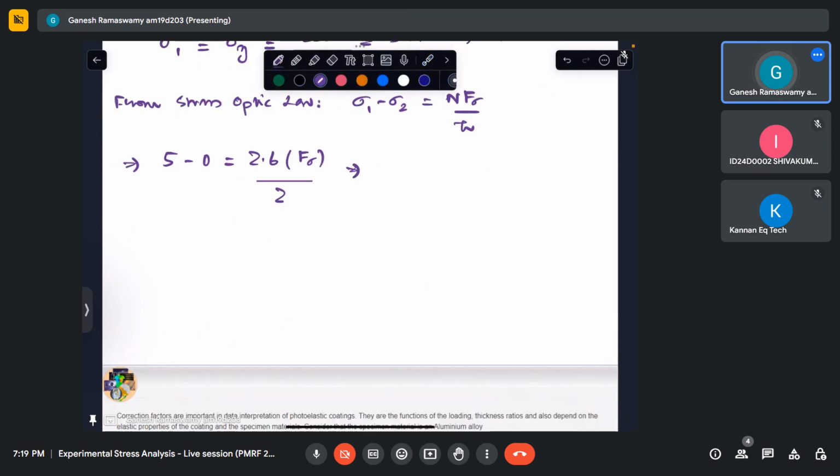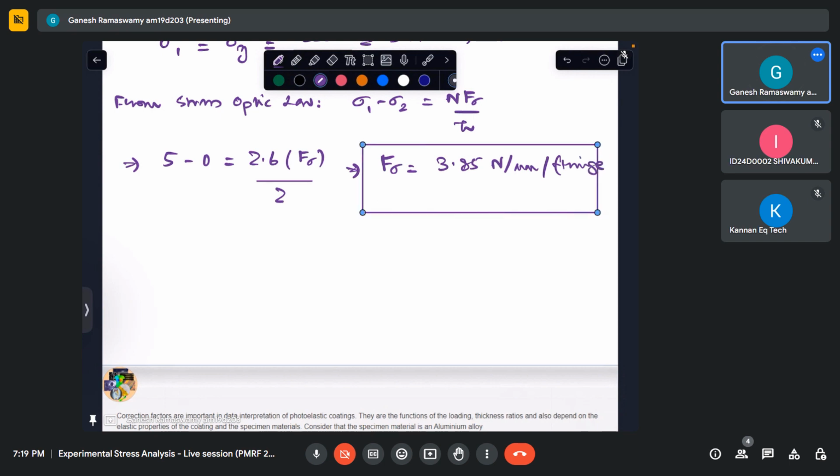So we have actually managed to find what f sigma is based on the information given. So this comes out to be 3.85 actually.